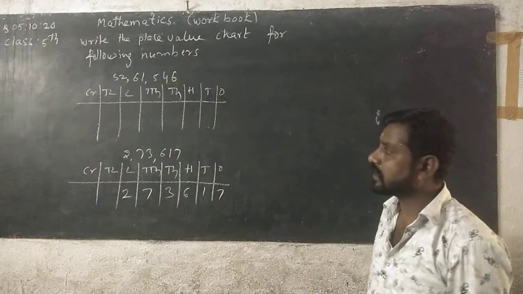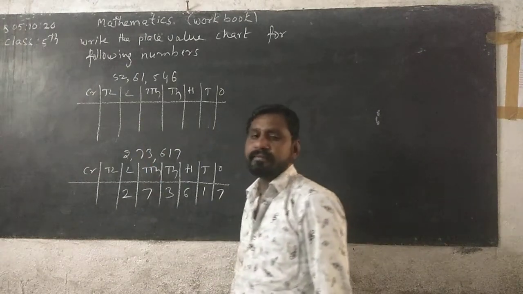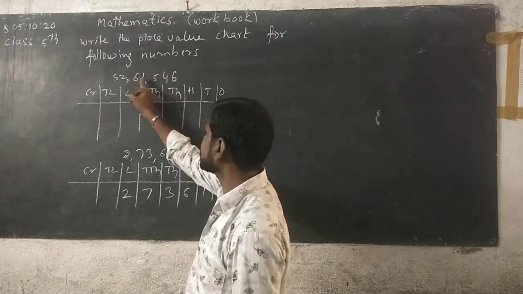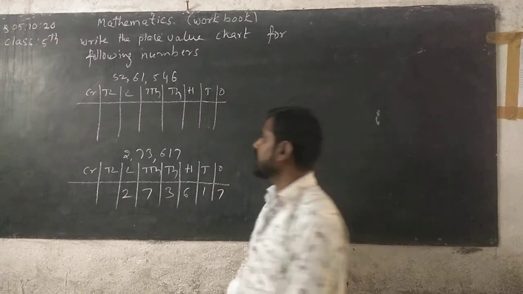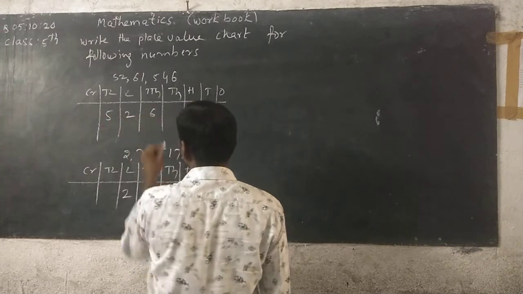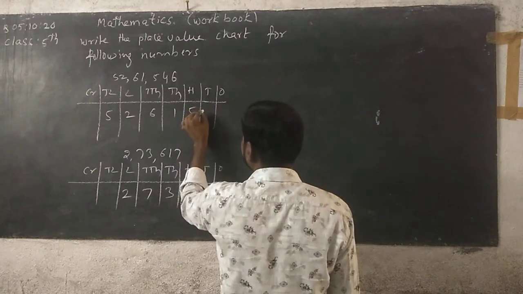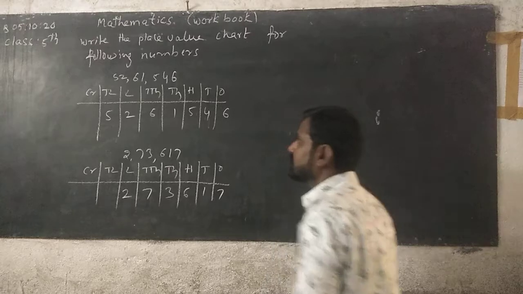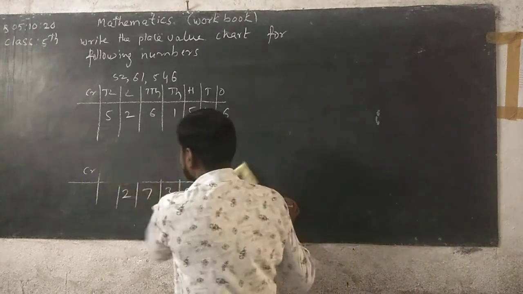How many digits are there in it? First we can observe and write them into the place value chart. See here, ones, tens, hundreds, 1,000, 10,000, lakh, 10 lakh. You can start from 10 lakh. So 5 is in 10 lakhs place, 2 is in lakhs place, 6 is in 10,000s place, 1 is in thousands place, 5 is in hundreds place, 4 is in tens place, and 6 is in ones place. 52 lakh 61,546.